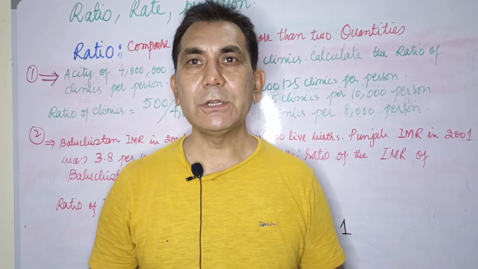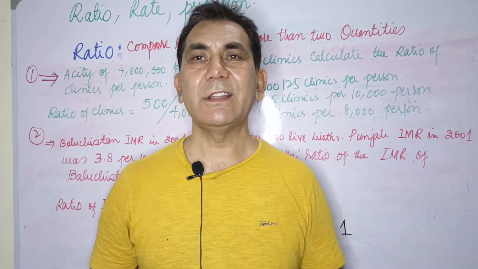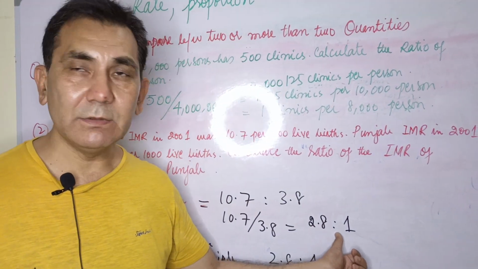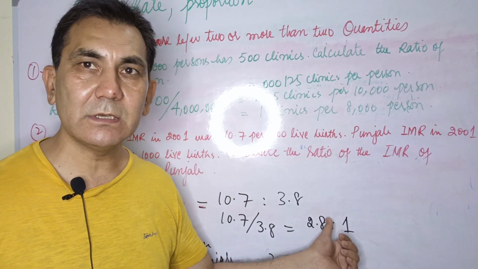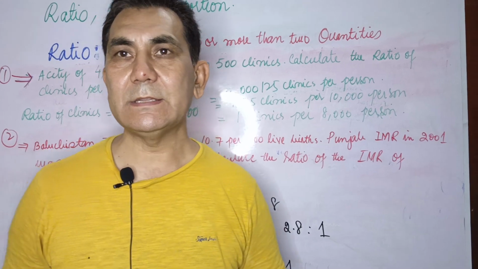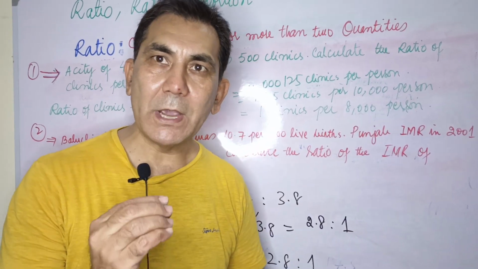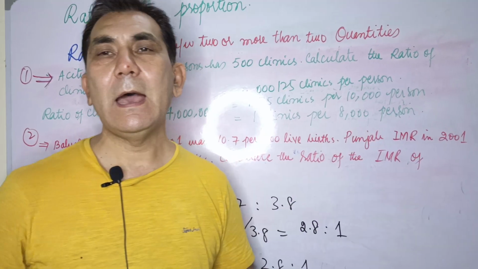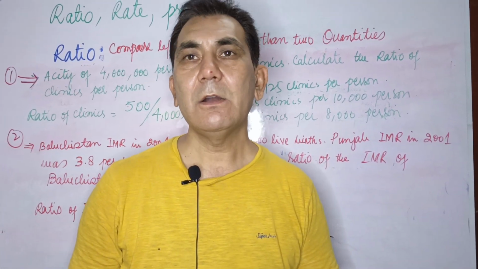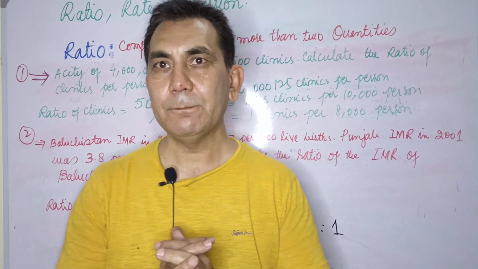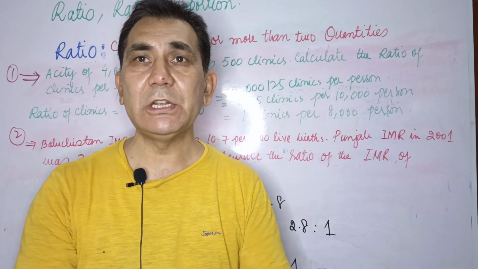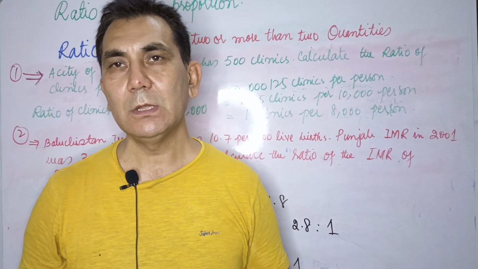And we can write down the ratio in three ways: one is 2.8 with 1, using the colon method; the second is 2.8 to 1; and the third is in fraction form.